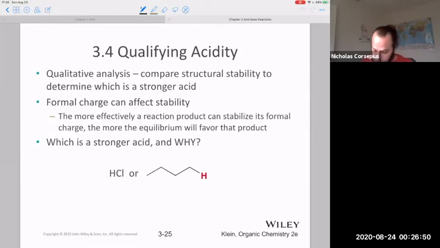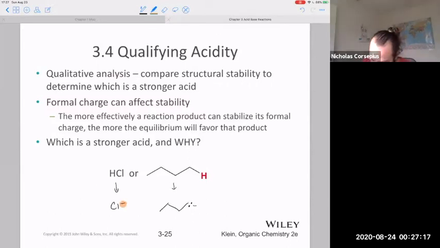If we want to look at these two examples here, we have HCl. What's the conjugate base of HCl? Well, that's just the chloride ion. And then what's the conjugate base of this acid here if it donates that proton? This is this carbanion. So the difference between these two acids is the stability of the conjugate base.